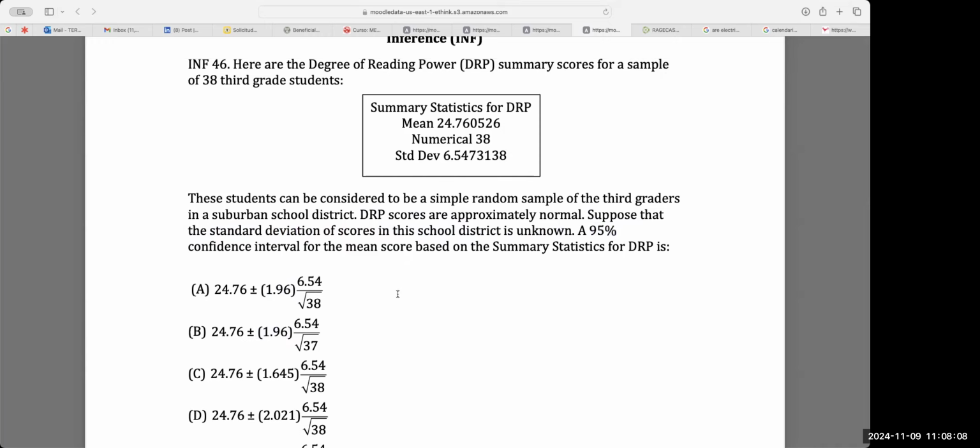As soon as I go on the T table, 38 is the sample size, so I have to go to 37. What do I do when I go to 37? There is no 37. What do I do?